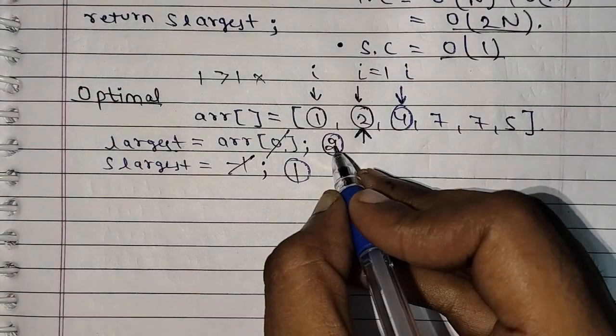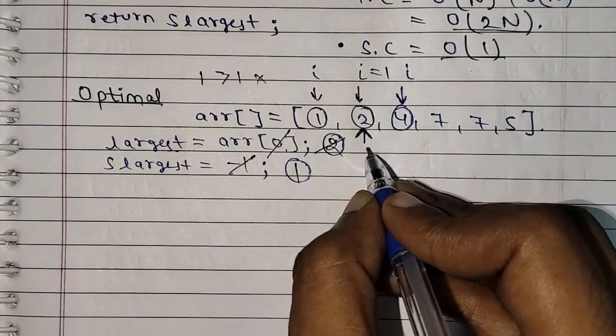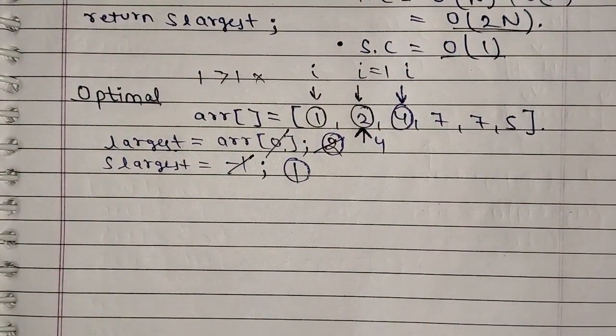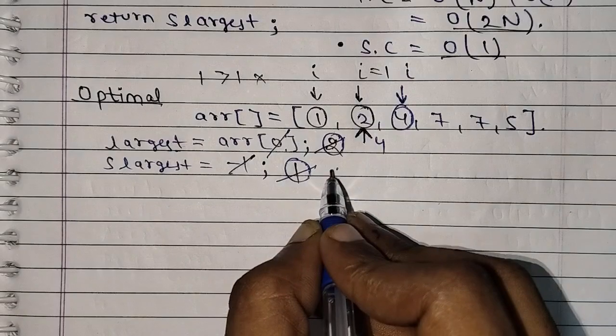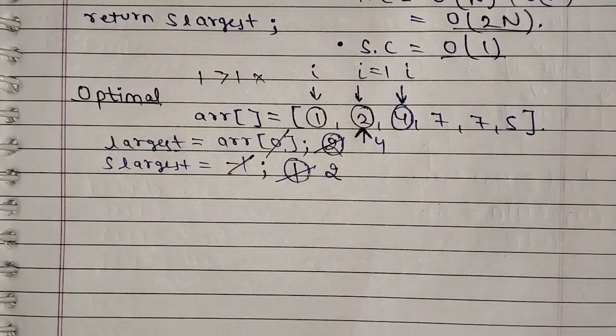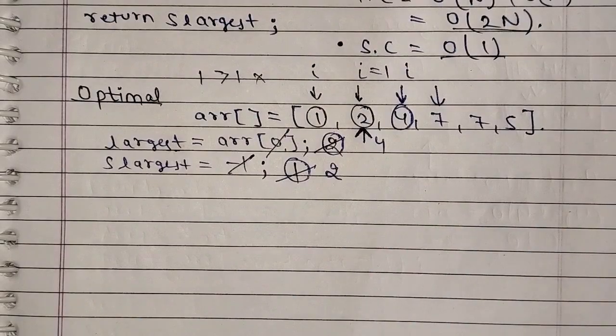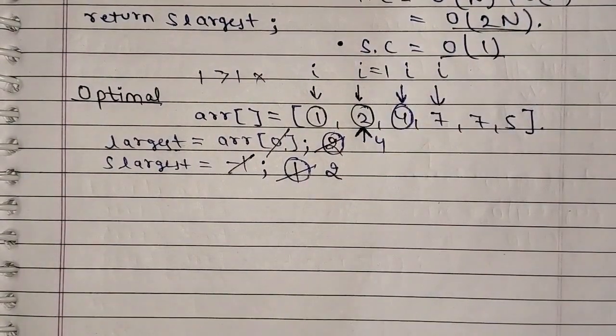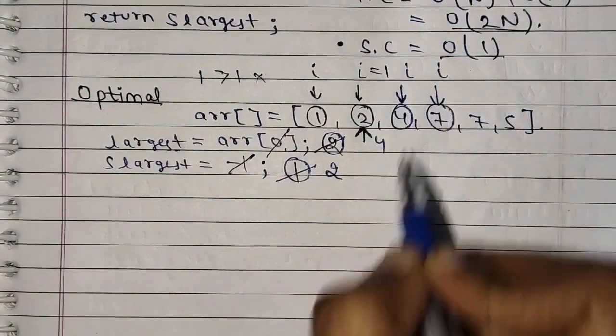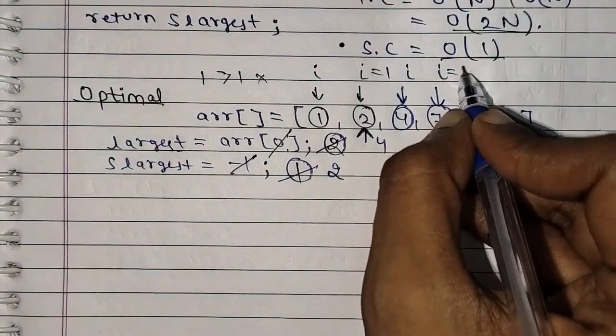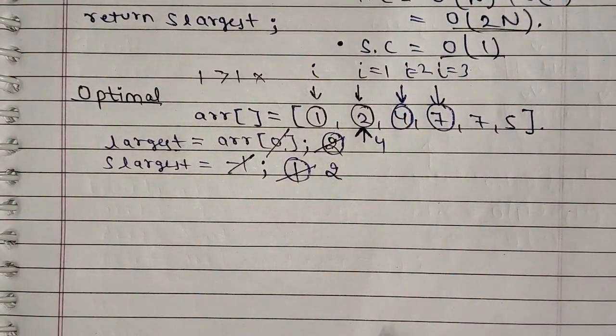He said yes, I am greater than largest, so update the largest. But before updating largest, we have to store the value of largest into second largest, which is 2. Then we move our I.